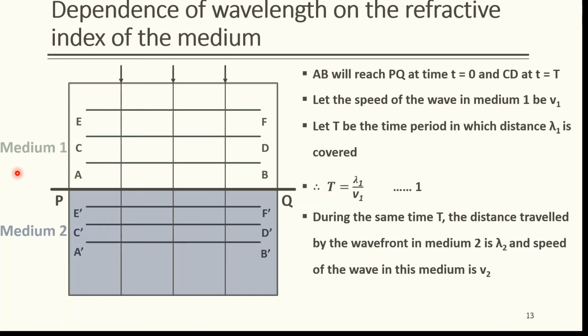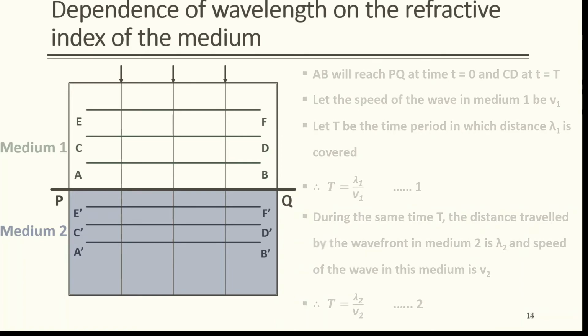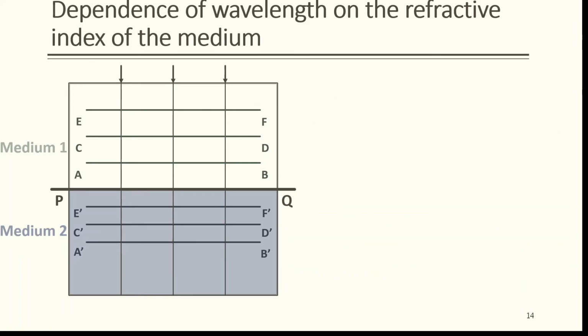Then t is equal to λ2 upon V2. From equation 1 and 2, λ1 upon V1 equal to λ2 upon V2. Rearranging the terms in this equation, we get λ2 equal to λ1 V2 upon V1.